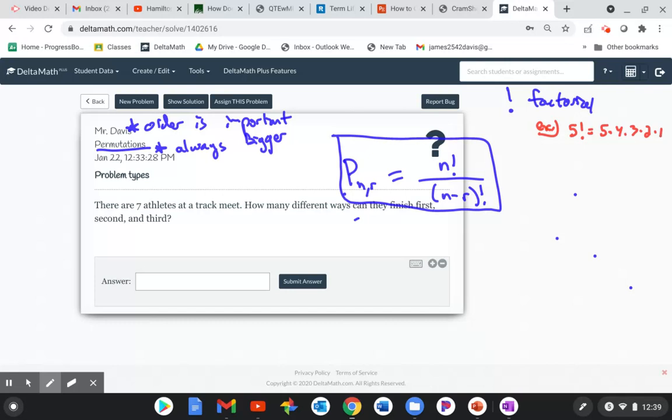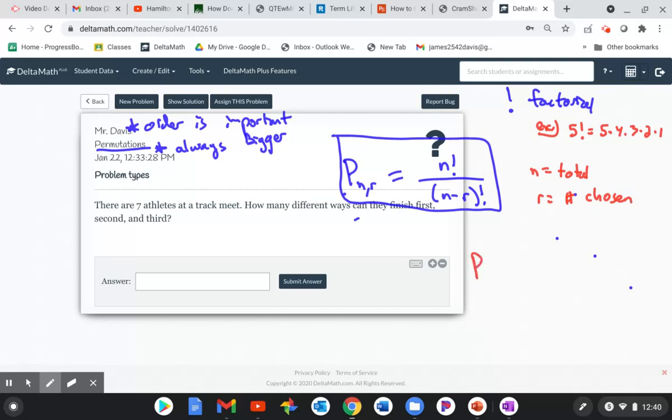In this particular problem, if I were to set this up, the n represents the total. The r represents how many you're going to choose, so say the number chosen. In this problem, we have 7 athletes, and we're going to choose 3 of them because we have a first place, a second place, and a third place.